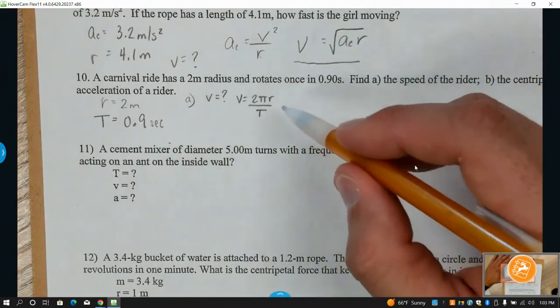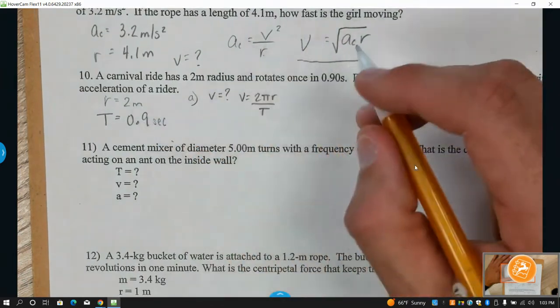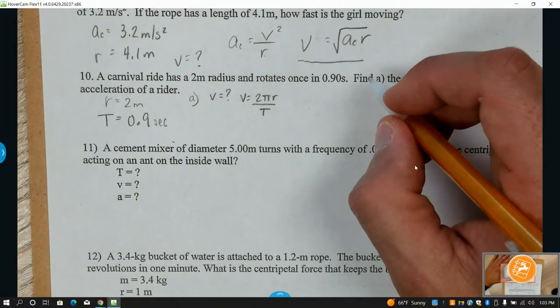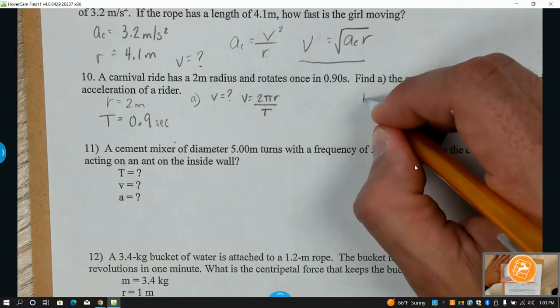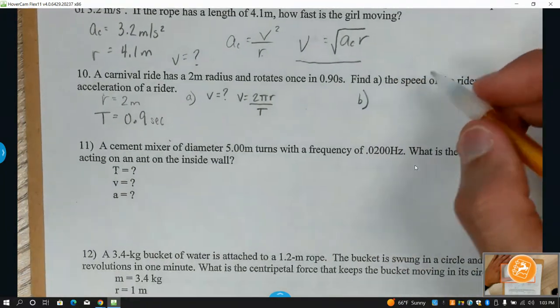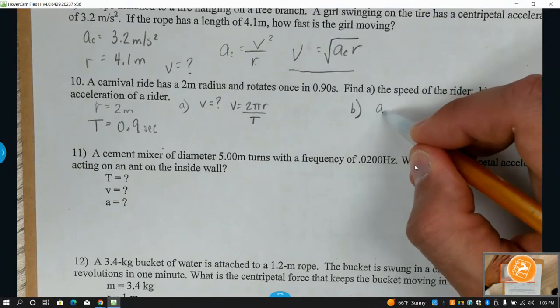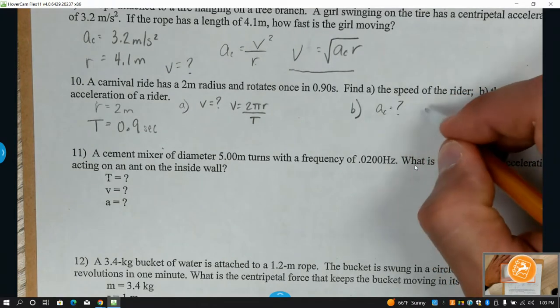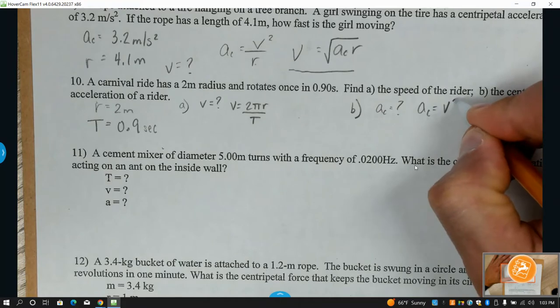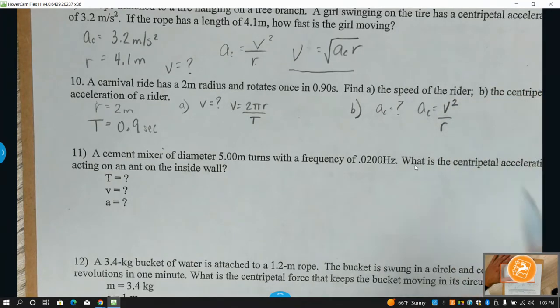Okay, so you're going to need to solve for that first. You have radius and the period. Once you get V, then you can find the acceleration by using V squared divided by R.